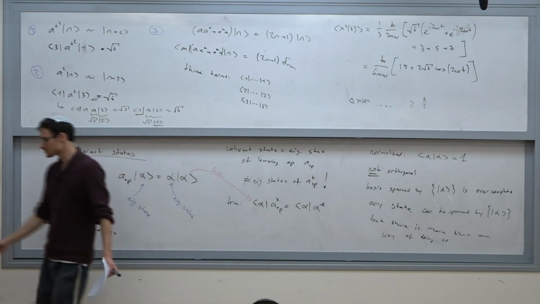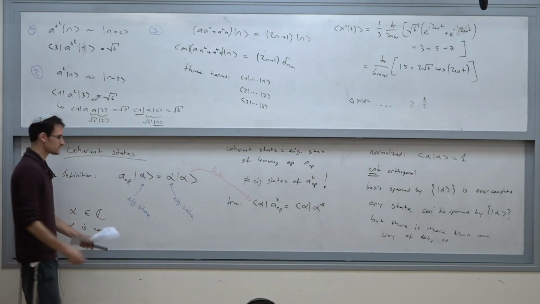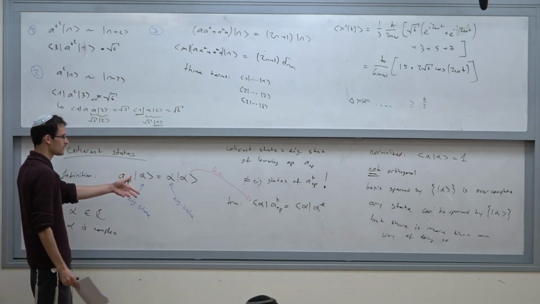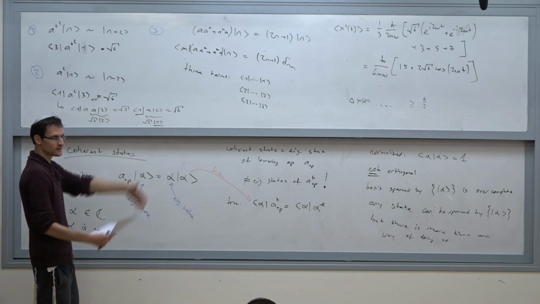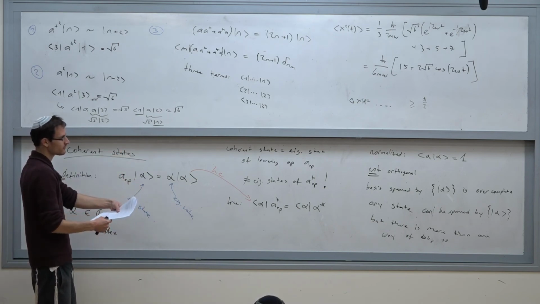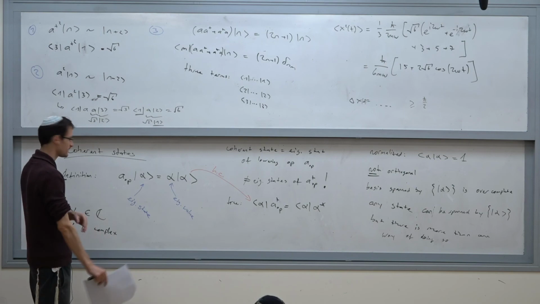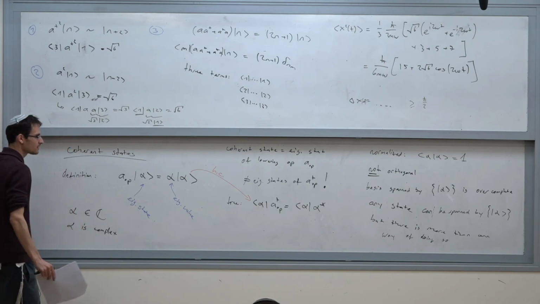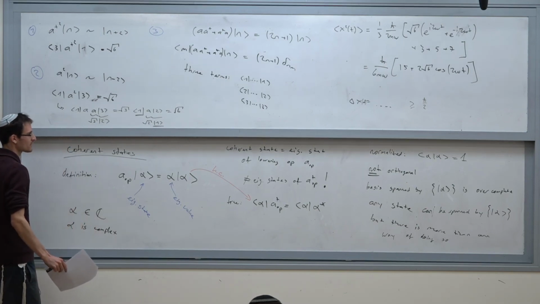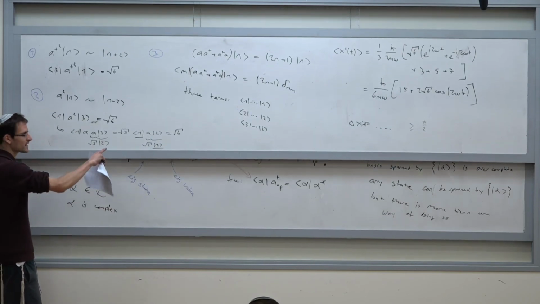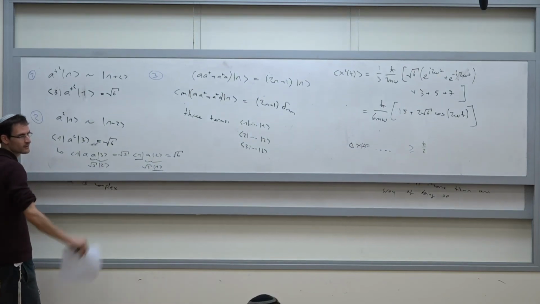What your question actually should be is, how do I know they're not orthogonal? Because if I know they're not orthogonal, then it's obvious that I have maybe not enough. In this case, more than enough vectors. The fact that they're not orthogonal, you're going to calculate in your homework. You're actually going to calculate the inner product between alpha and beta, so some other coherent state.